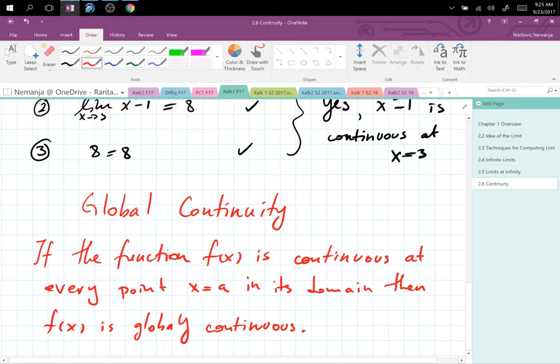Now we just call that continuous. So if you say the function is continuous, you are actually looking for global continuity, not a point one. So global continuity says that if the function is continuous at every point, it's continuous everywhere, which kind of makes sense, right?